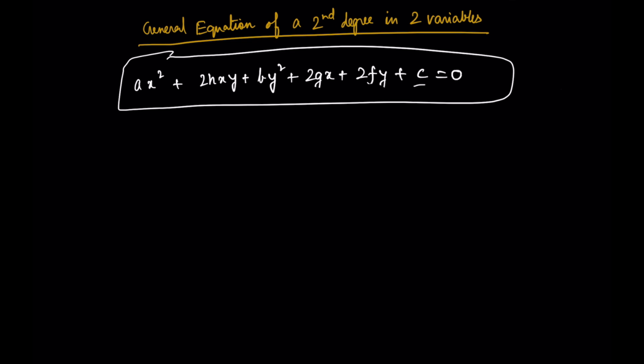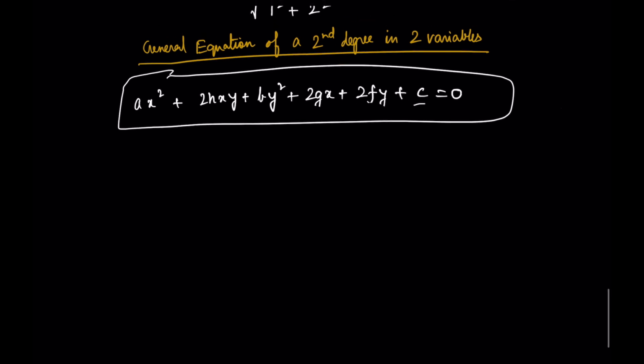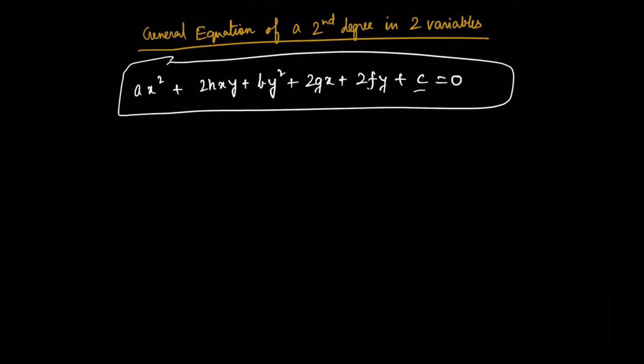Yeah. If this represents a pair of straight lines, I'm just writing this now in this chapter. In this chapter, we will be studying only about pair of straight lines. We will not move into other things.